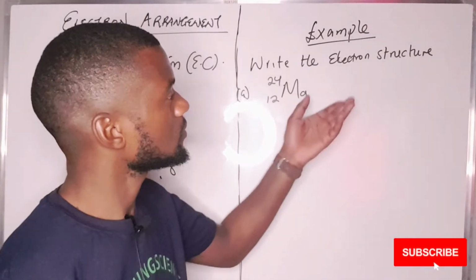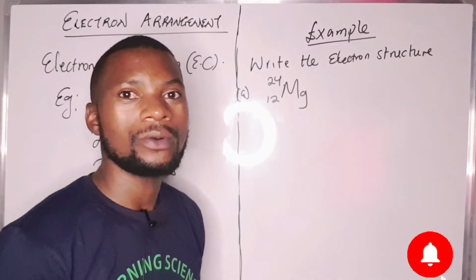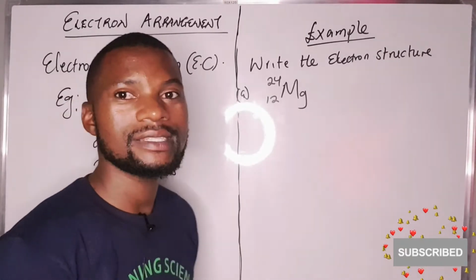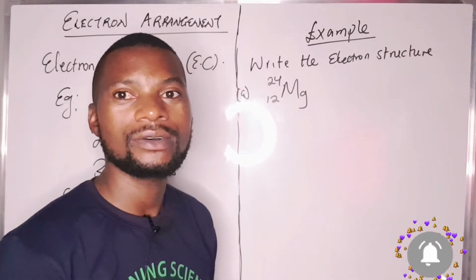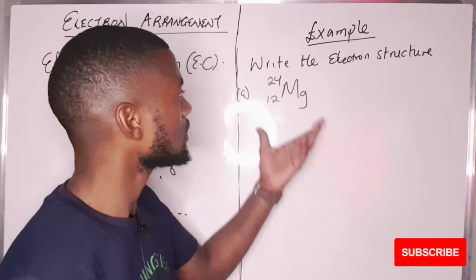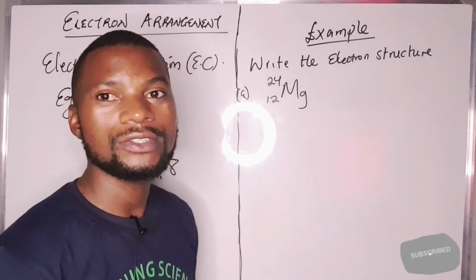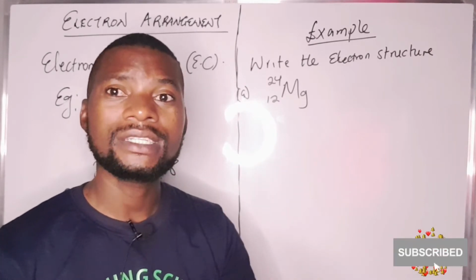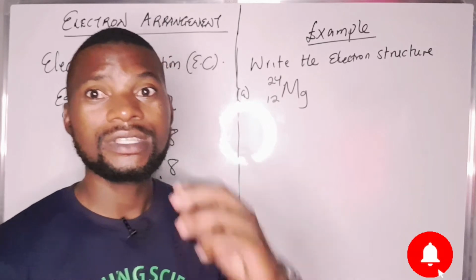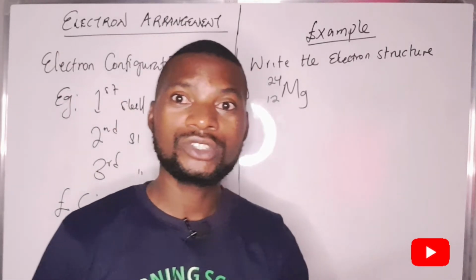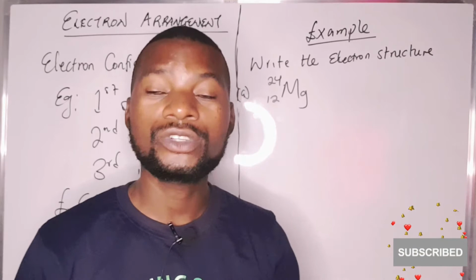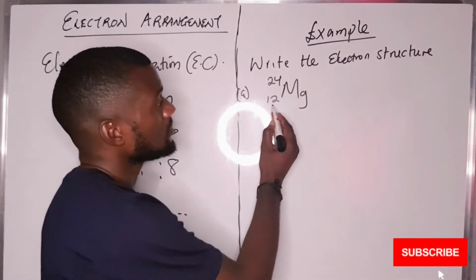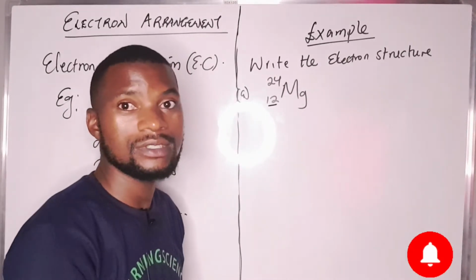Now let's look at an example where we write the electron structure for a magnesium atom. When writing the electron structure, first of all, you have to write the electron configuration, because it is a guide to how many shells are going to be filled. Magnesium has 12 electrons.